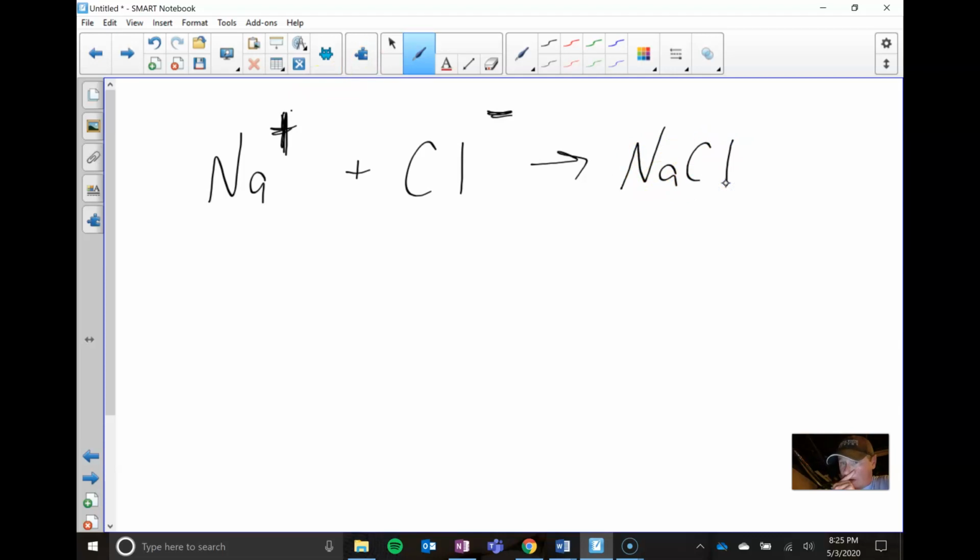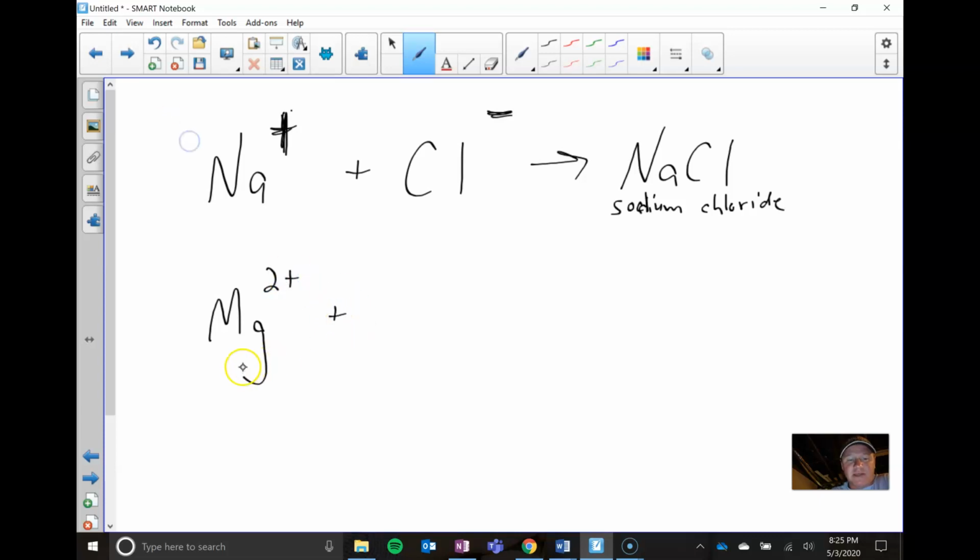That's how we name it. We stick to the naming rules like we did last week. We say the name of the cation, sodium, and then the name of the anion, chloride. Sodium chloride. That's a perfect 1-to-1. Positive 1, negative 1, they balance out, and you don't see any charges up here with the compound because it's neutral. It's pretty simple when the charges perfectly match up.